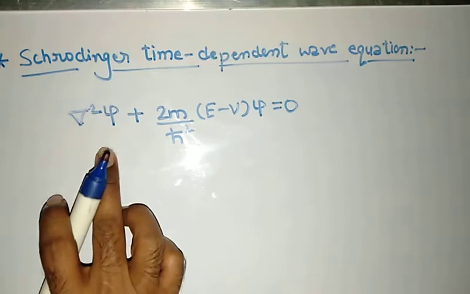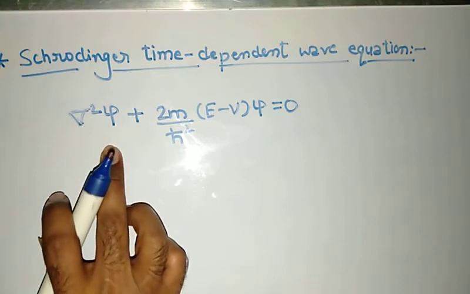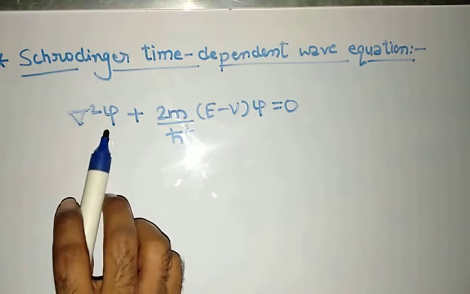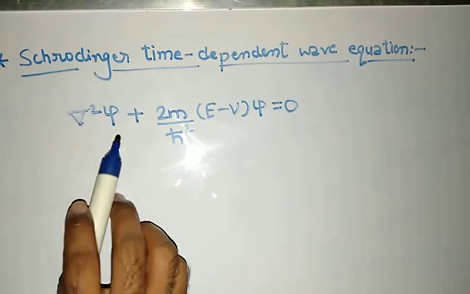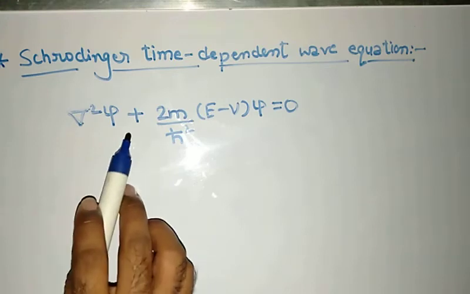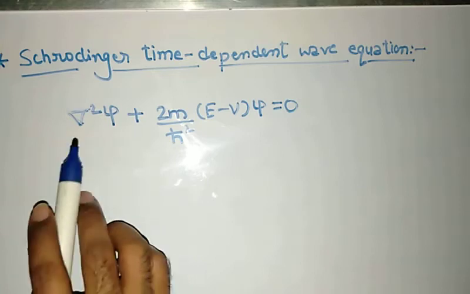This is called the Schrodinger time independent wave equation, and we proved it in the previous video. The description of that video is given in this video also.